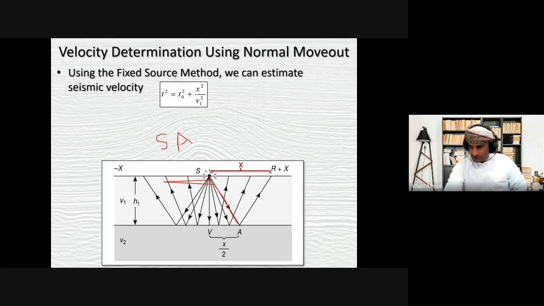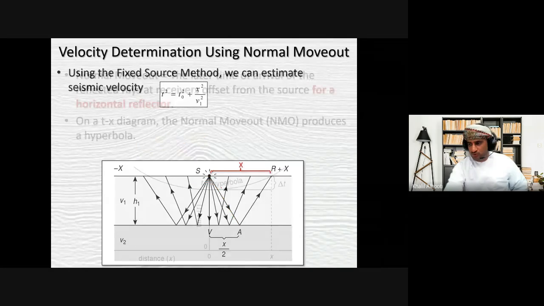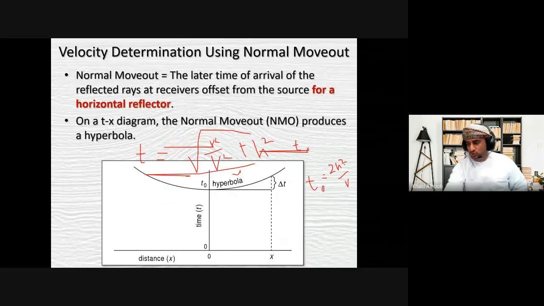This section is equal to this section, so it becomes 2SA. H squared goes away because it's under the square root. So it's 2h over v. The t time is simply this.